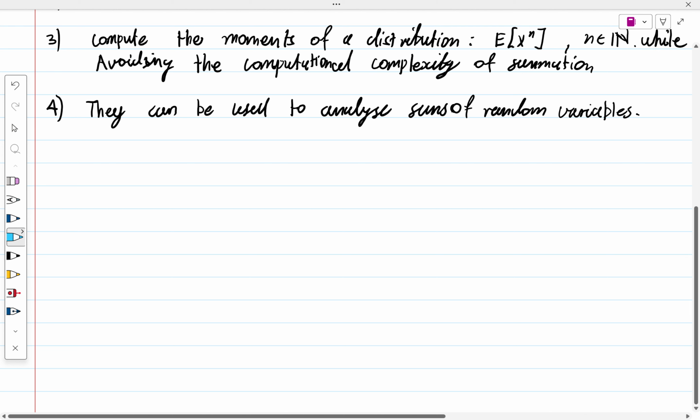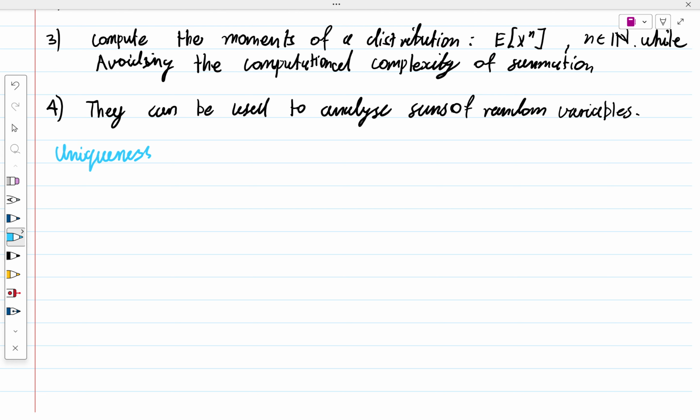Let me formalize that more mathematically, and I'll call it this: uniqueness of PGFs. And here is the formalization.